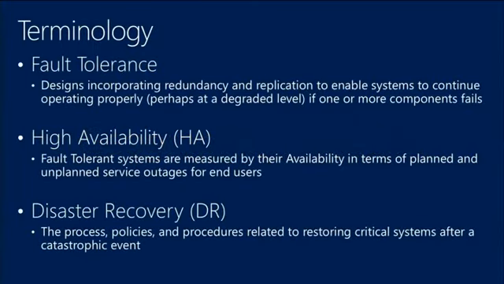And so, just from a terminology standpoint, let's think: fault tolerance is designing to incorporate redundancy and replication. It's making sure that my application recovers from a problem. That's building the application at the application level. High availability is about measuring the availability of my solution.